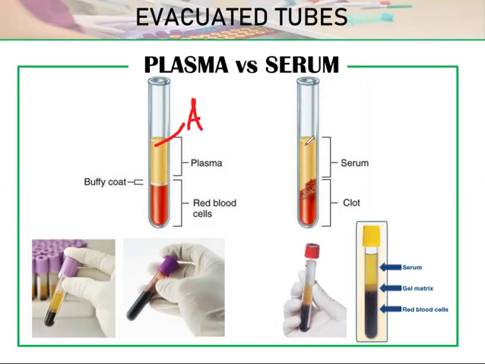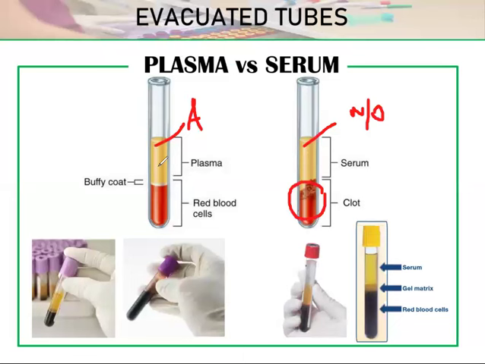But for the serum, this one is placed in a tube without the additive present inside. Since there is no additive present inside, the blood will undergo its normal process which is clotting. While, on the other hand, our plasma does not clot, because there is an additive present to prevent clotting, that is why the sample will still retain its liquid state.